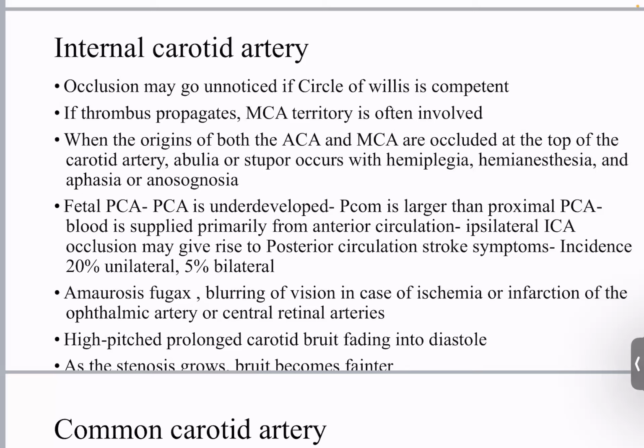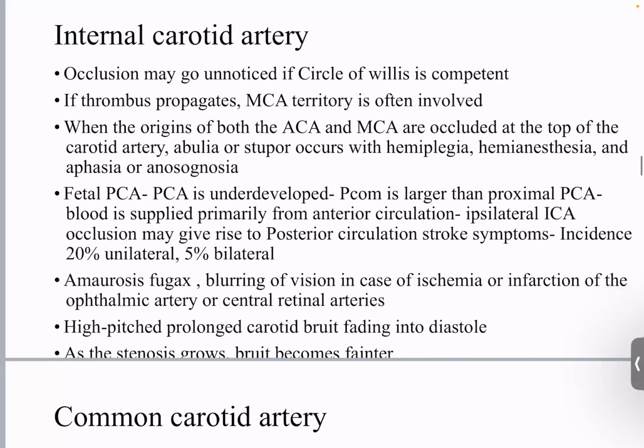Its incidence is 20% if unilateral and 5% if bilateral. If the ophthalmic artery or central retinal artery is involved, amaurosis fugax, blurring of vision, can occur. A high-pitched prolonged carotid bruit extending into diastole can be heard on auscultation. As the stenosis grows, the bruit becomes fainter, as a rule.